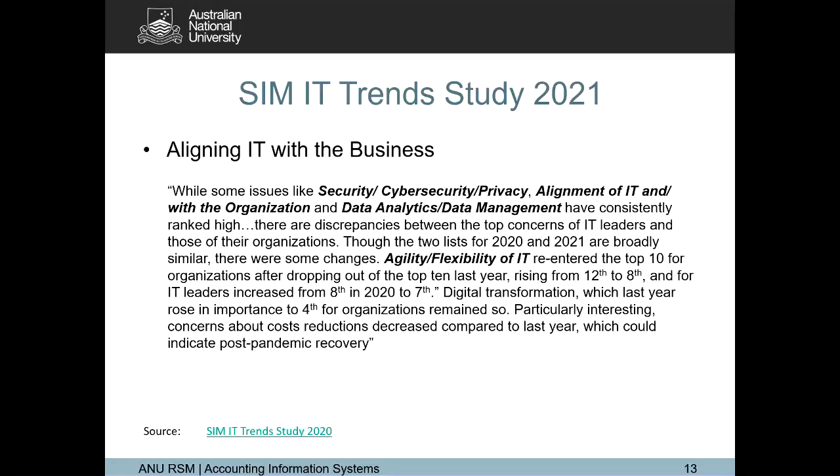Okay. So agility and flexibility of IT re-entered the top 10 for organizations after dropping out of the top 10 last year, rising from 12 to 8th place, and for IT leaders increasing from 8 to 7. So digital transformation, which last year rose in importance to 4th for organizations, remains.